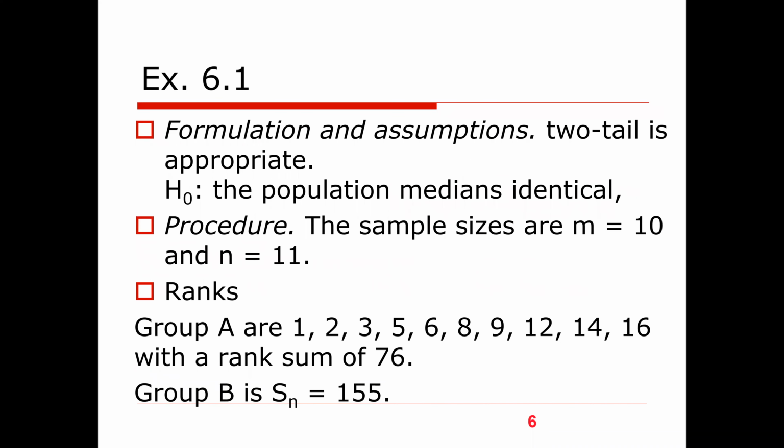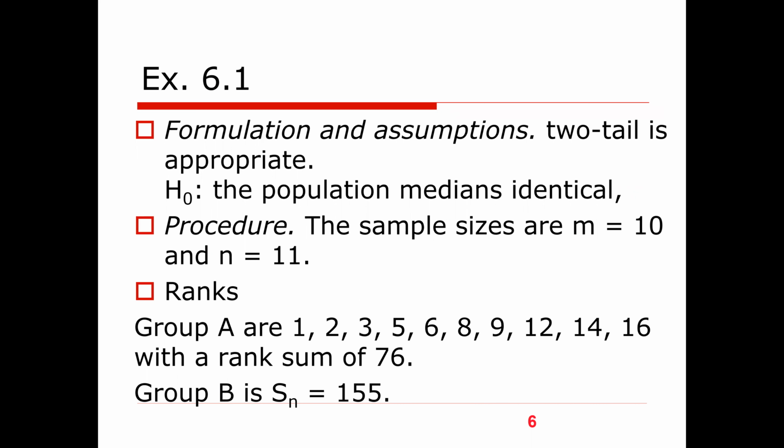Then let's go through our regular procedures, which is the formulation and talking about assumptions, then looking at the results, making a conclusion, then giving comments, then looking at the computational aspects. First, formulation. This is to test if the two samples have the same median.